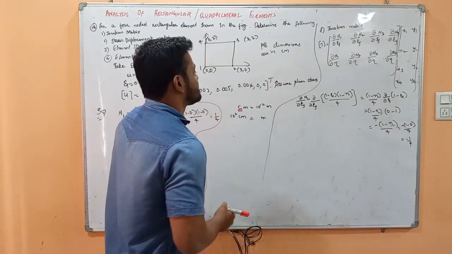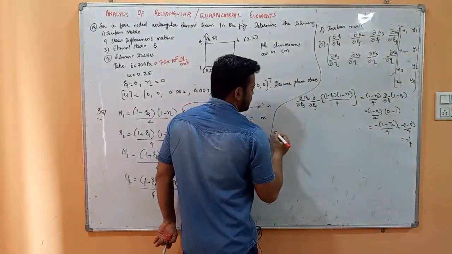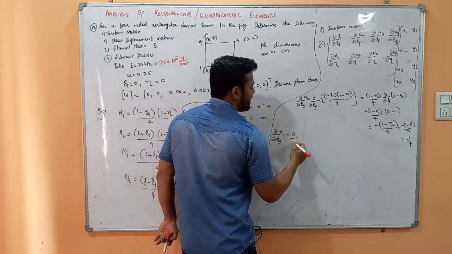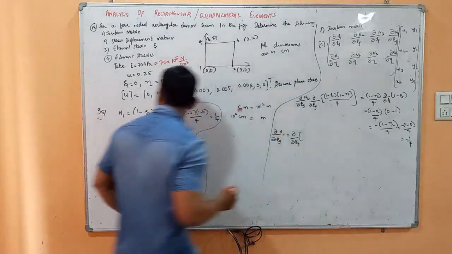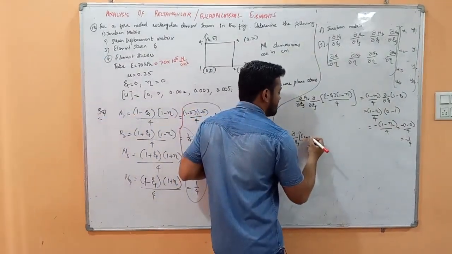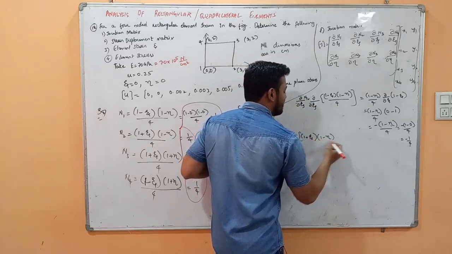Similarly, we have to find ∂N2 by ∂xi. The formula of N2 is (1 plus xi) into (1 minus eta) by 4.